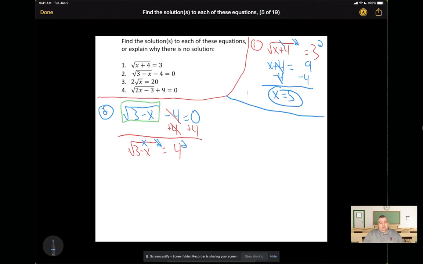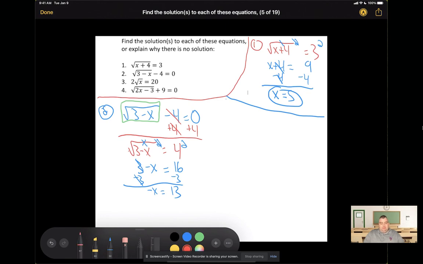So this cancels this out, and that gives me 3 minus x equals 4 squared, which is 16. I'll now solve this for x. First I'll subtract 3 from both sides, and I end up with negative x equals 16 minus 3, which is 13.